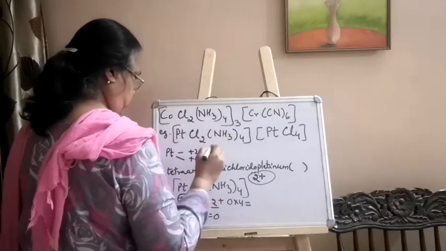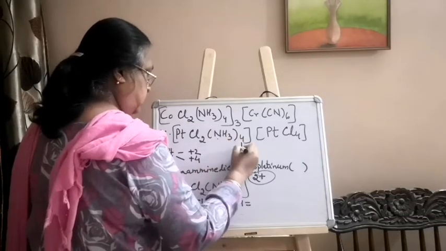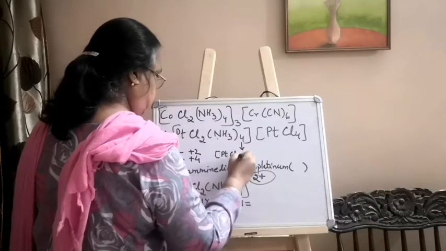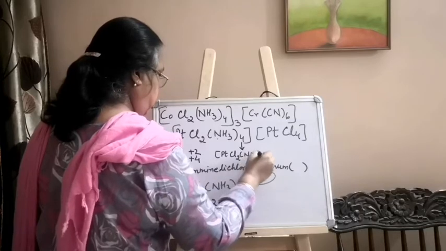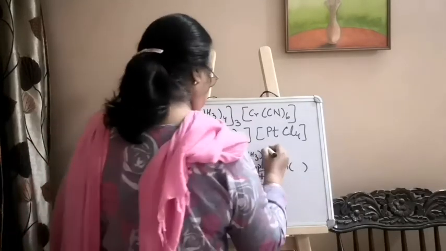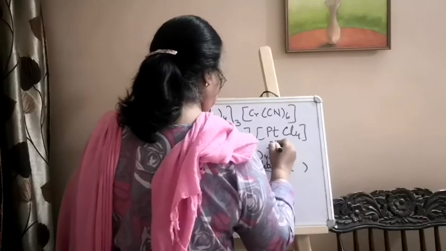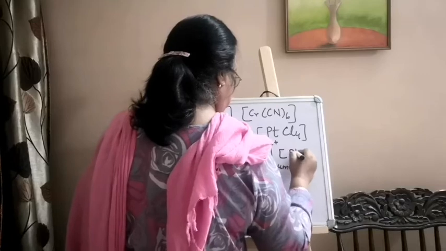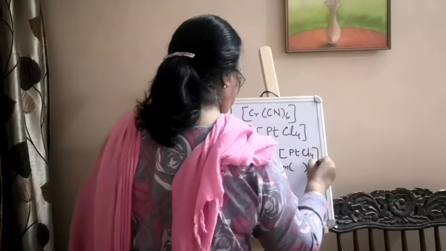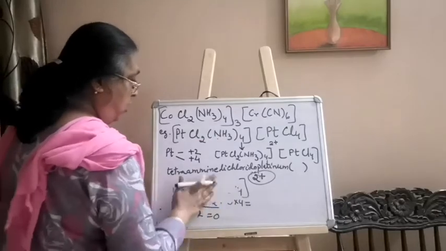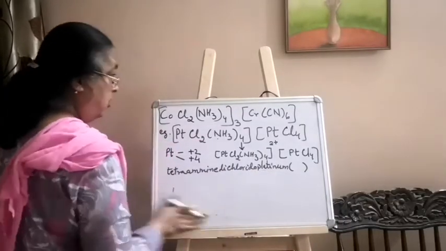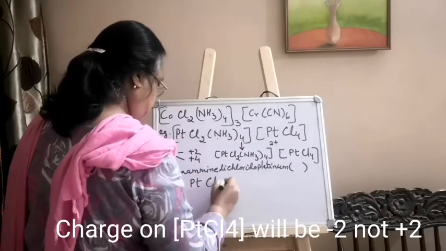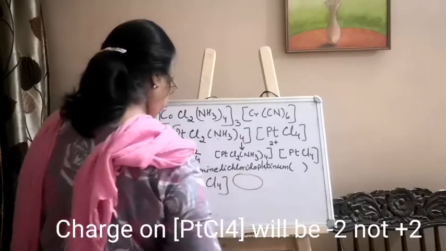In the ionic form, I can write [PtCl2(NH3)4]2+. Then I will write PtCl4 and calculate the charge.